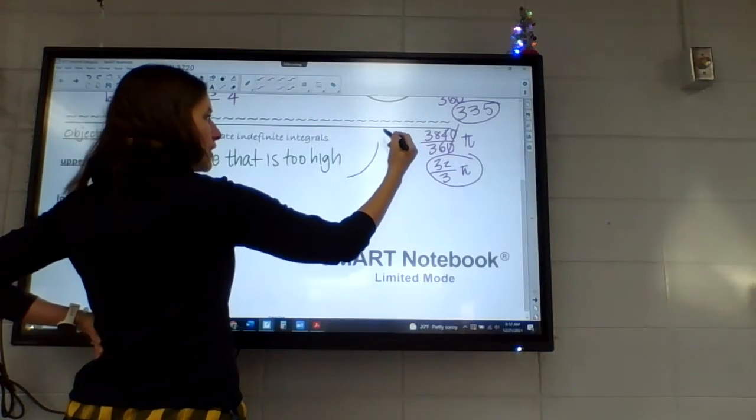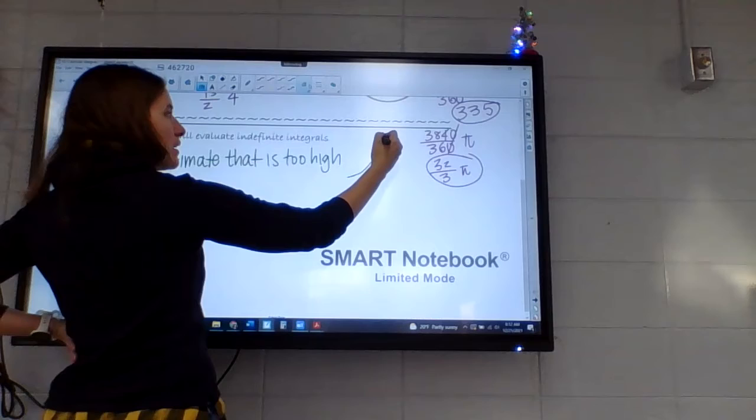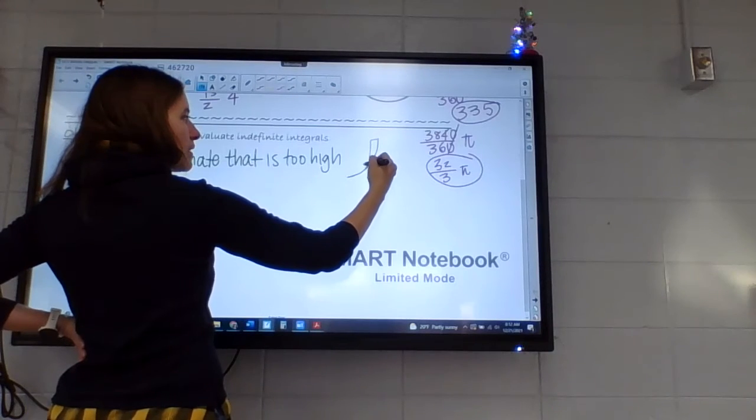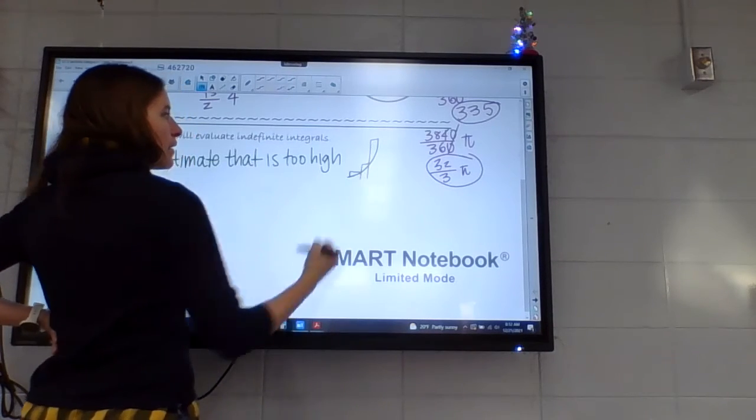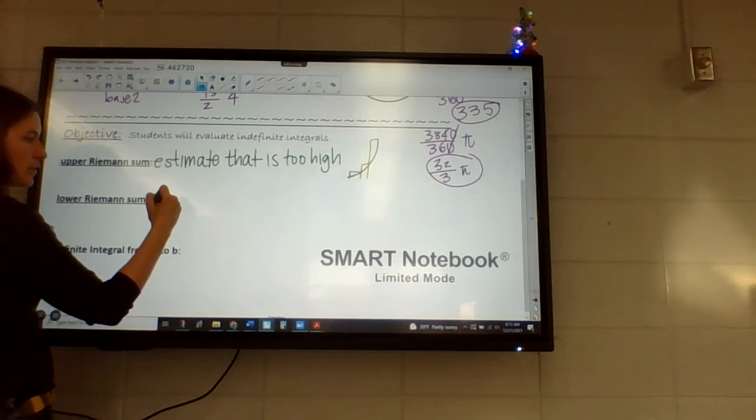So if I have a curve like this, our estimate that's too high is the one that goes over the top of it. And then the lower is the estimate that's obviously too low.